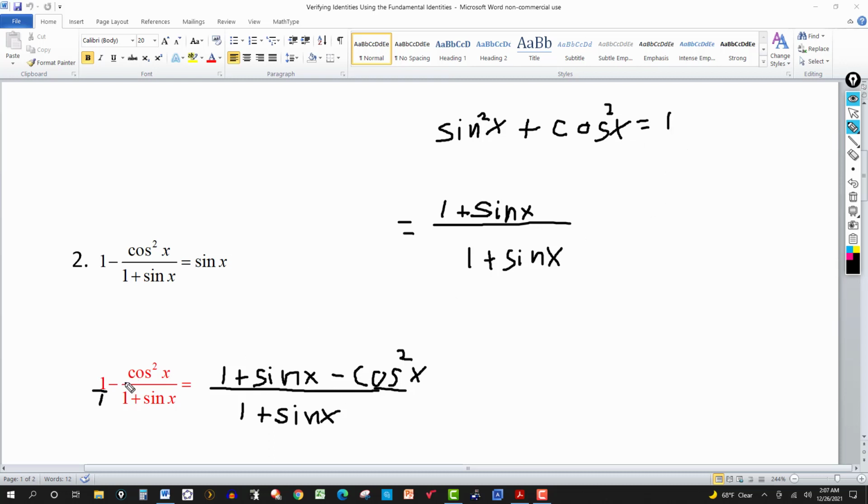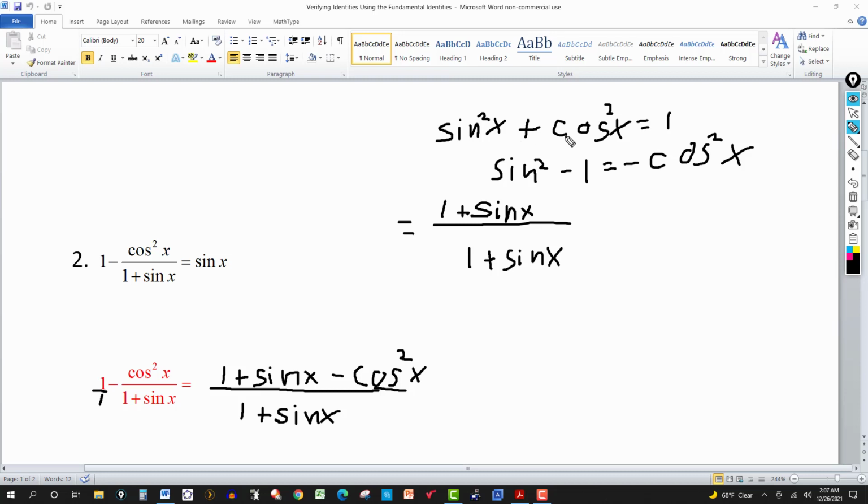So since I want to wind up with a plain old sine of x, that tells me that I probably should get rid of this cosine squared. So let's rewrite this. Sine squared minus 1 equals minus cosine squared of x.